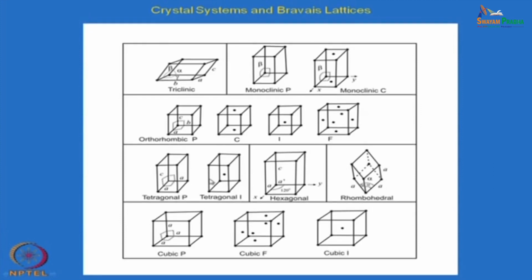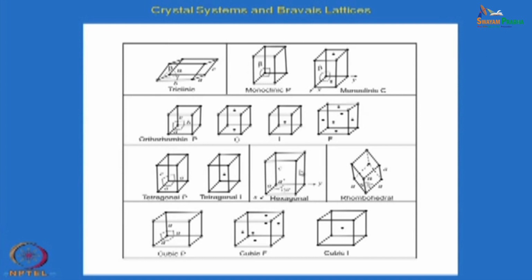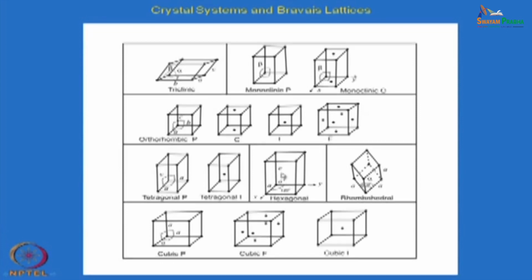Here again we have a tetragonal symmetry, and we have only body center, not the others. Okay. In case of tetragonal only body center, in case of monoclinic only base center. Hexagonal, of course, is a primitive cell, there is no other body center, face center or base center.